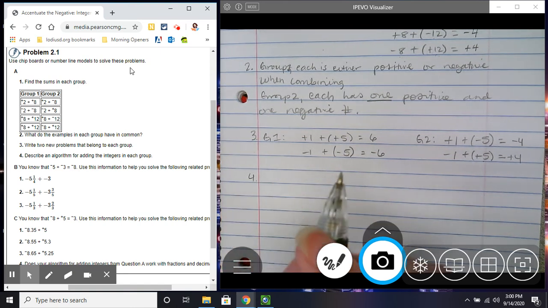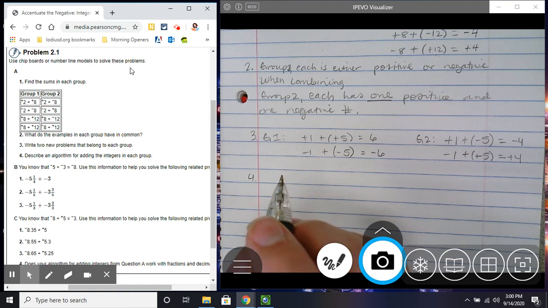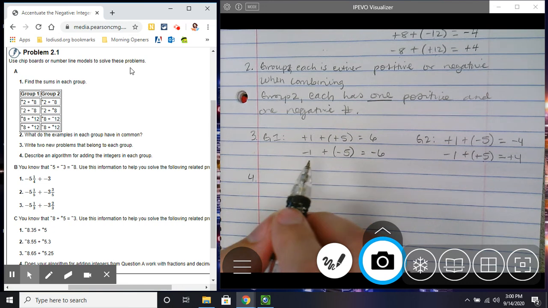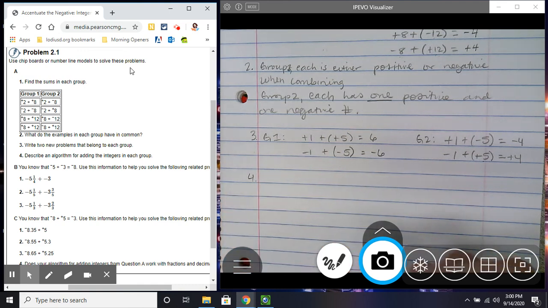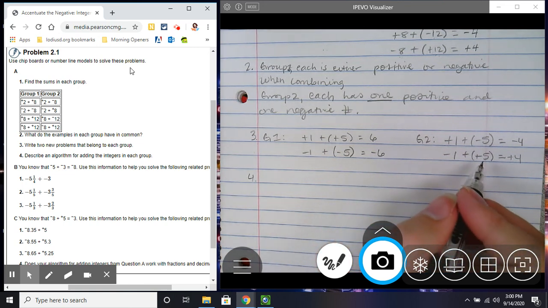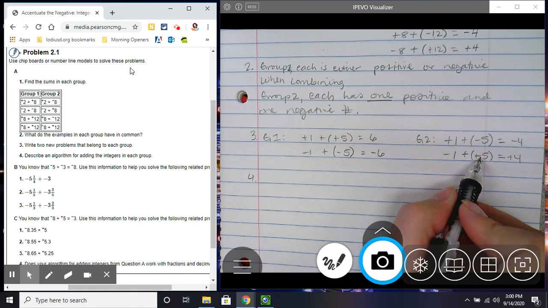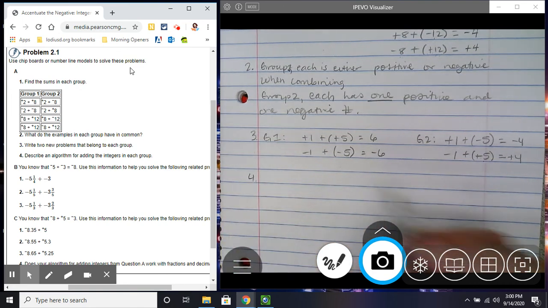Number 4, describe an algorithm for adding the integers in each group. An algorithm is basically a rule. This is kind of like how you understand how to do this, like what rules you have in your head. So like when I say this one's bigger, so it's going to be a positive, something like that.